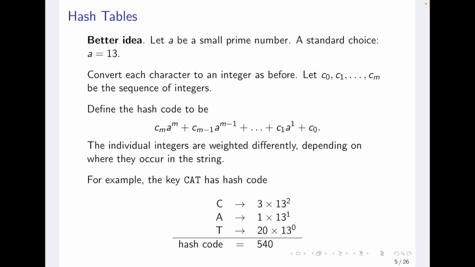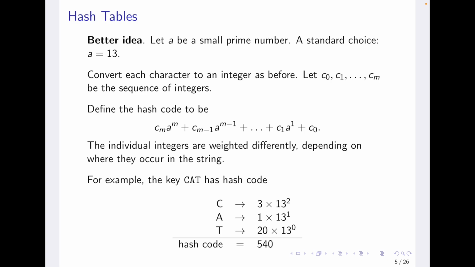And this idea, polynomial hashing, or polynomial hash function on the assignment, prevents this by assigning more importance to letters that are earlier in the string.